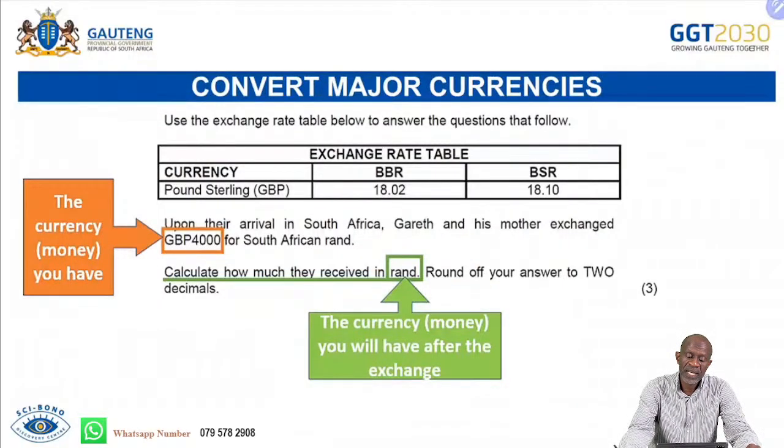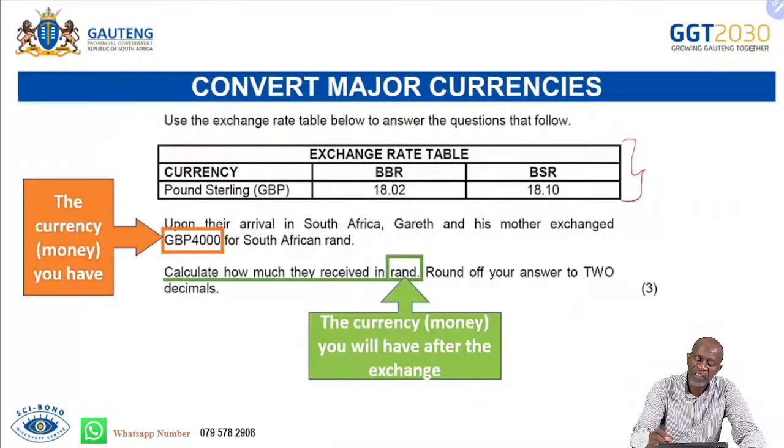Let's look at the steps involved when converting major currencies of the world. You are going to be given an exchange rate table as indicated here. Here, two currencies have been juxtaposed: the British pound, or the sterling, being compared to the South African rand.